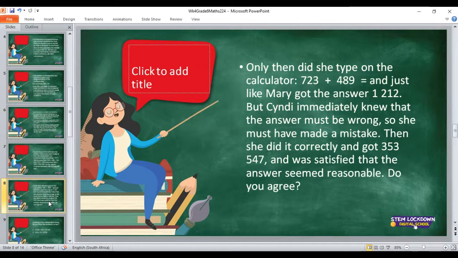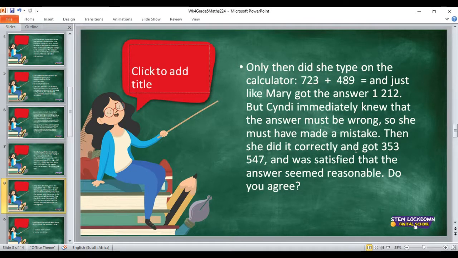I must have made a mistake because my estimation tells me that my answer should be between 280,000 and 400,000. Then she did it correctly and got the right answer, which is 353,547. Now she was satisfied because her answer is between 280,000 and 400,000. So yes, we have agreed that this one is the right one.